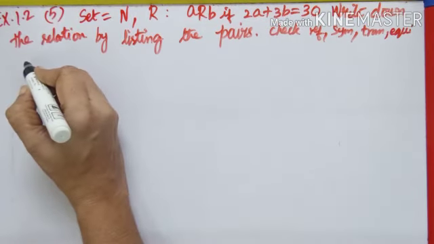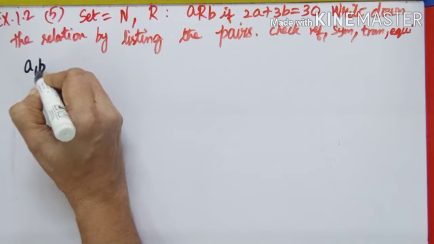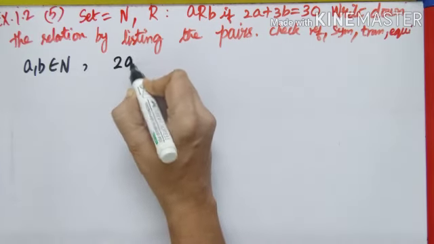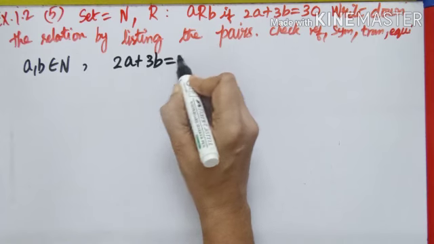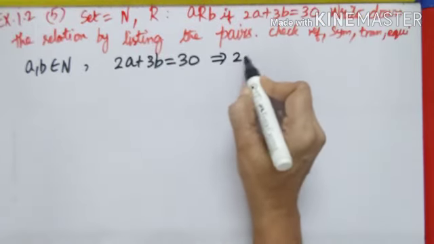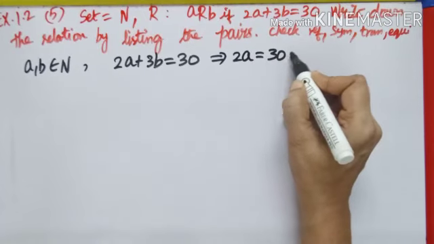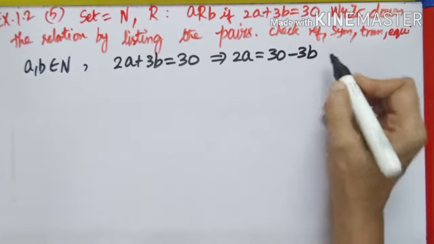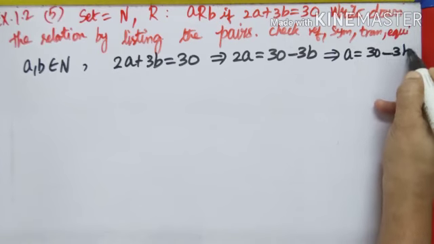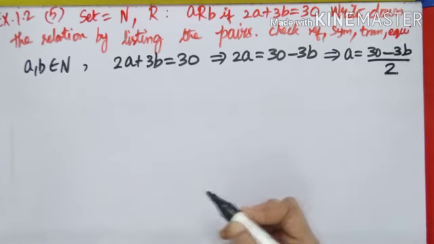So first I want to show A, B belong to N. 2A plus 3B equals 30. From here, what is 2A? 30 minus 3B. And what is A? 30 minus 3B divided by 2.